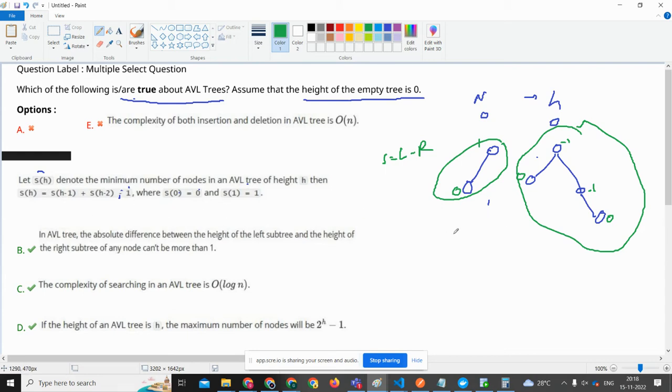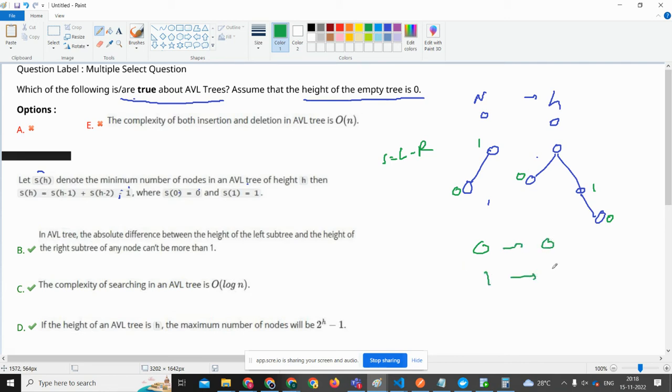So you remember there was one question: what is the minimum number of nodes present in an AVL tree of height 12? You remember we were doing such a thing. Coming back here, for height 0 the number of nodes is going to be 0, right? For height 1, it is just a single node, correct?